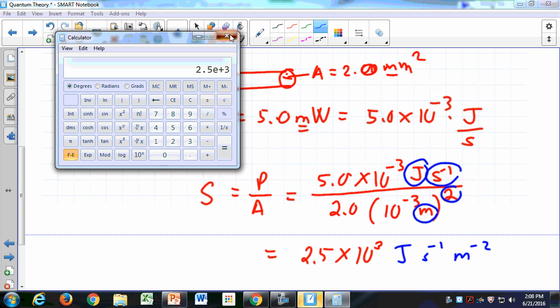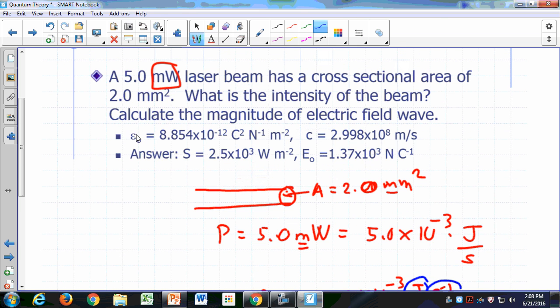That is your intensity. So there's your answer right there: 2.5 times 10 to the third watt per square meter. Joule per second is a watt. Now, can you calculate the magnitude of the electric field wave?